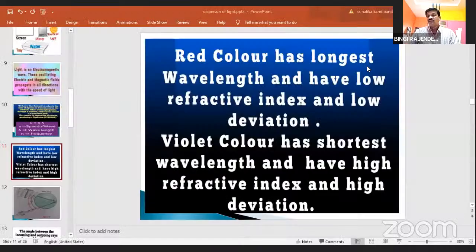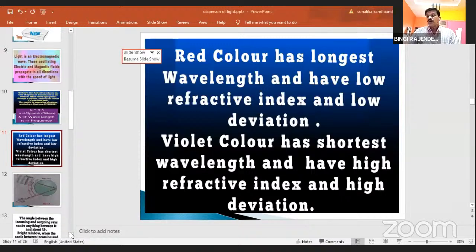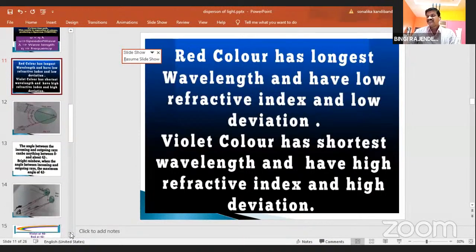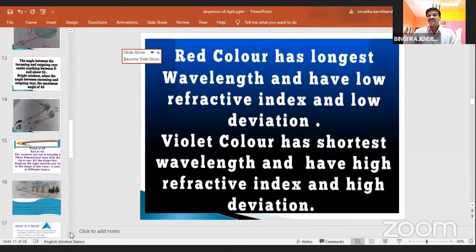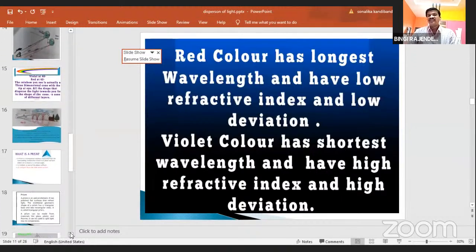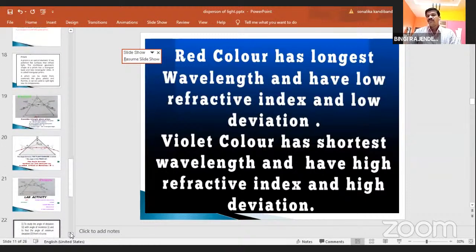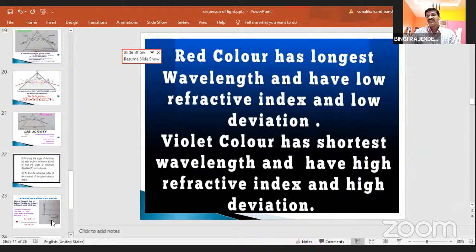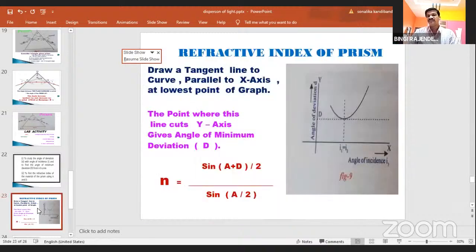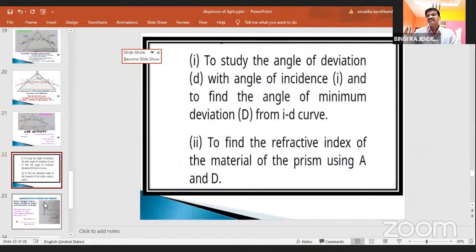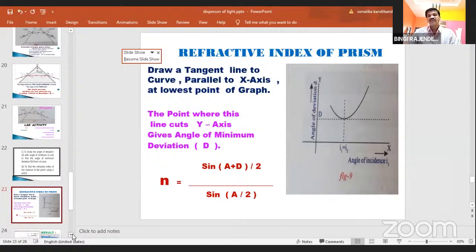In the textbook, we are observing table 1. There is the angle of incidence i1, angle of emergence i2, and angle of deviation D. In this way, we fill the table for the angles 40, 45, 50, 55, and 60 degrees also.